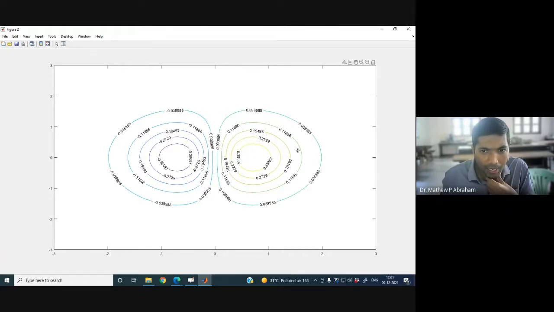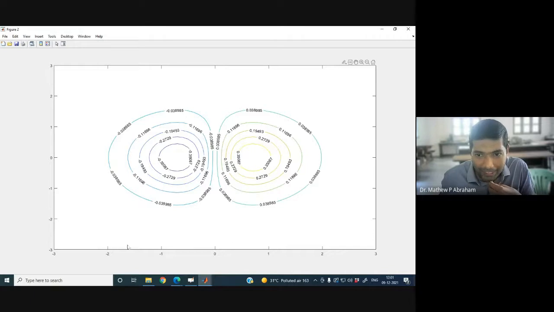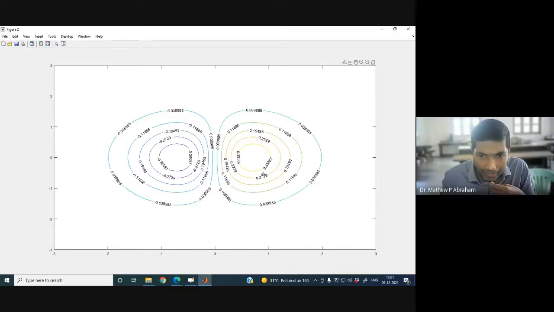Is the right side maximizing or the left side maximizing? Right side is maximizing. Yeah, correct. So it is increasing in this direction, and the left side is minimizing. Correct.